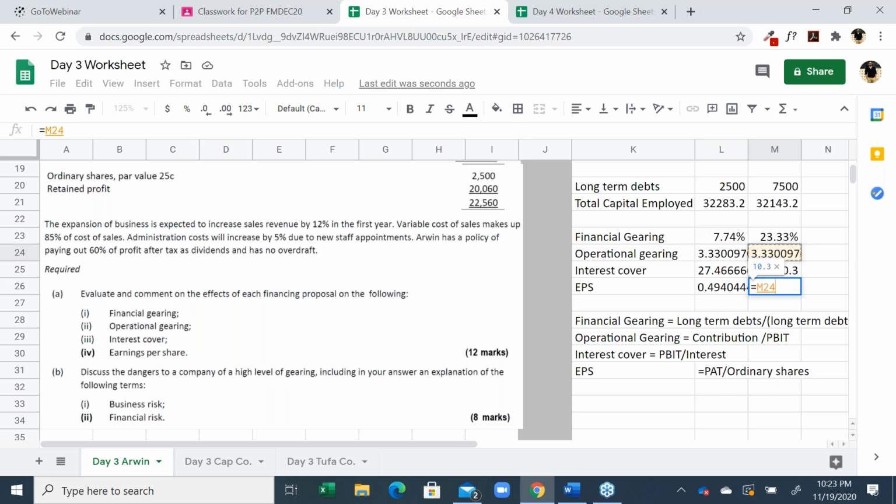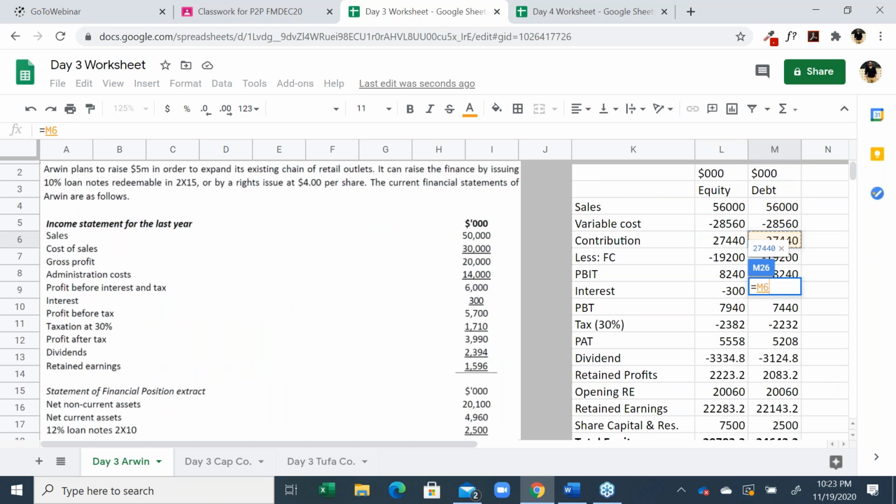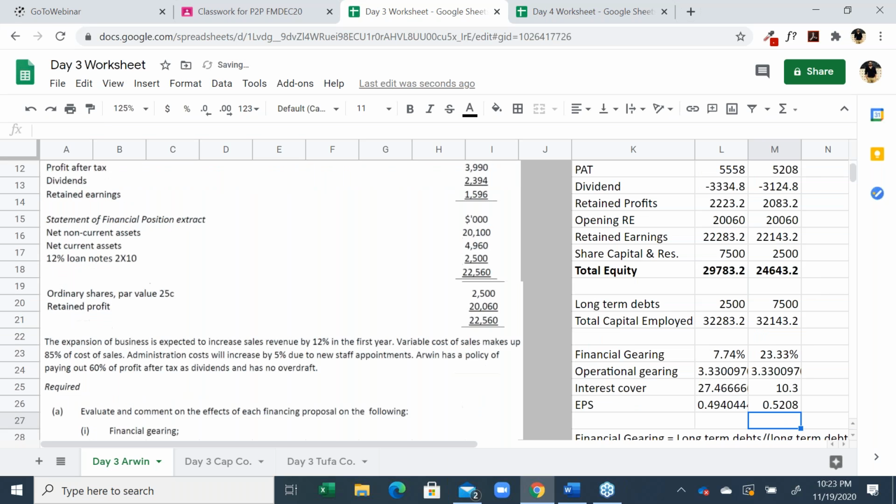In this case, the profit after tax figure is 5208 and the number of shares will not change. It will still be 10,000. So no need to change. 0.5208.